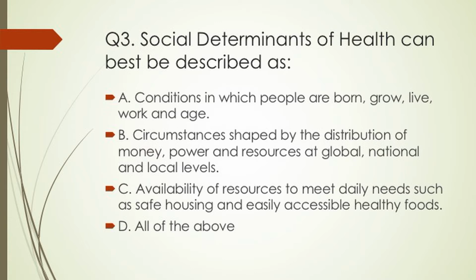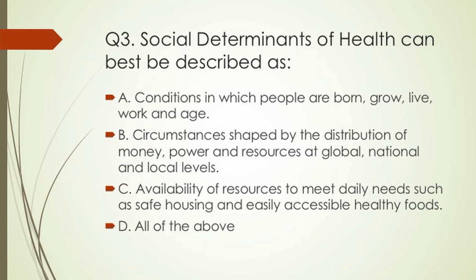Social determinants of health can best be described as... If you have not heard of this terminology before, break it down in terms of what the terms mean to you to figure out the best answer for this question. A is the conditions in which people are born, grow, live, work, and age.